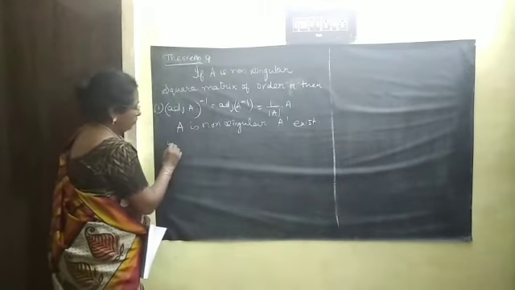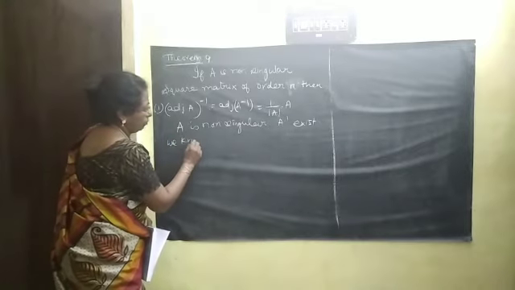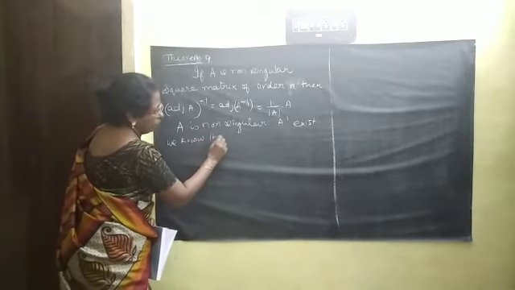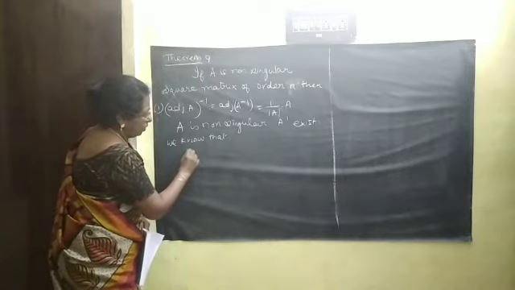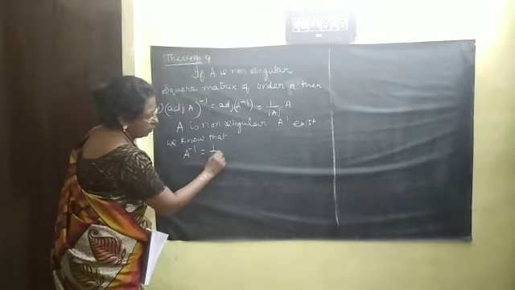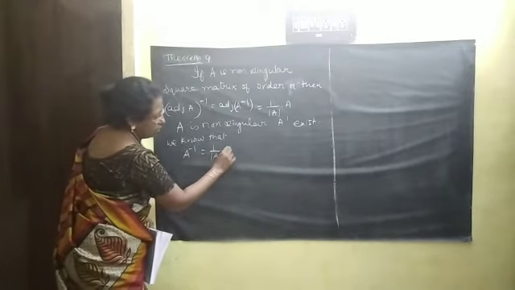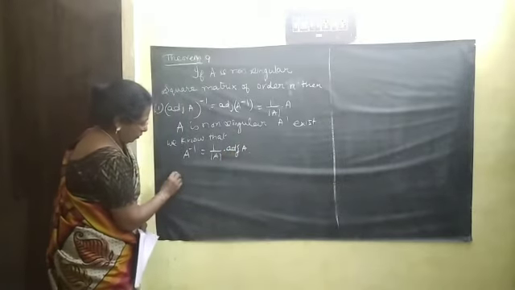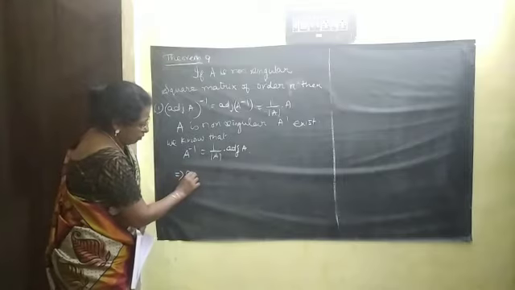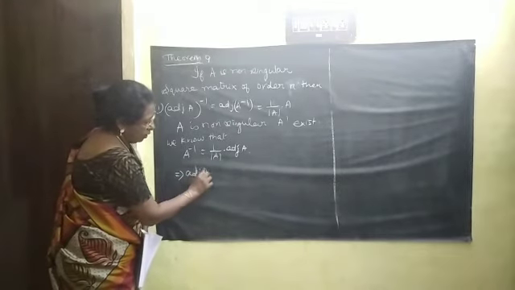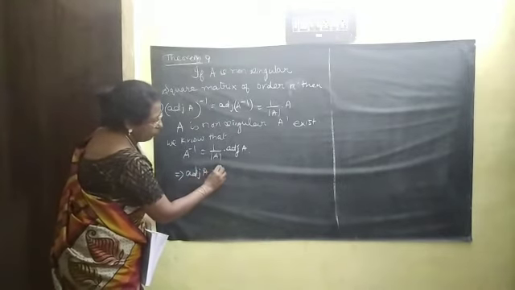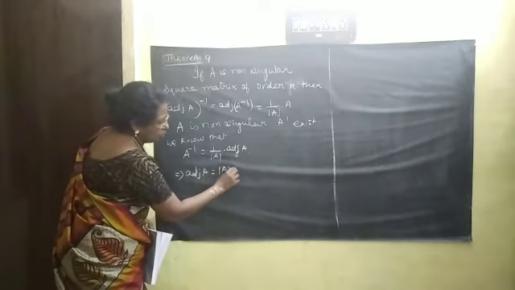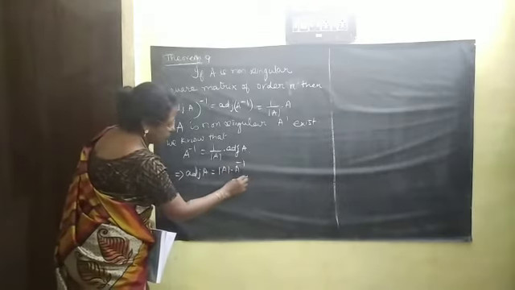We know that A inverse is equal to 1 by determinant A into adjugate of A. From this we get adjugate of A is equal to, cross multiplying, determinant A into A inverse.